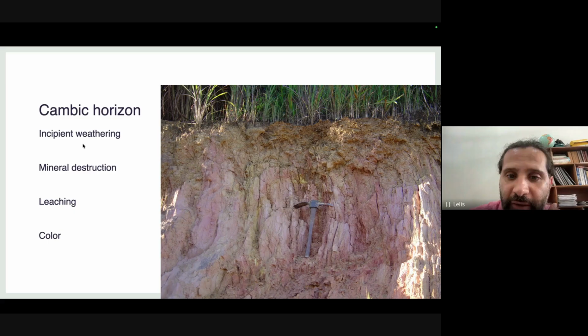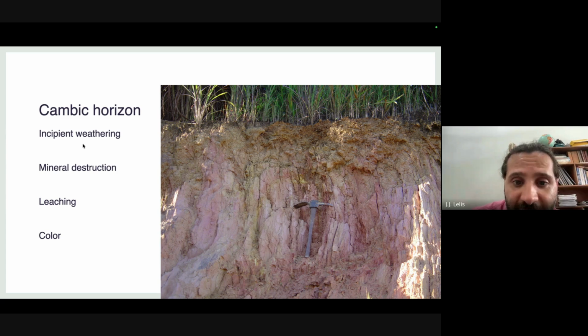So I only can call a section of the soil a Cambic horizon if that specific section cannot fit the criteria, at least the mandatory characteristics and properties, of another diagnostic horizon.